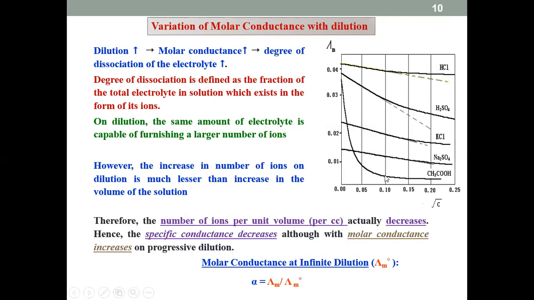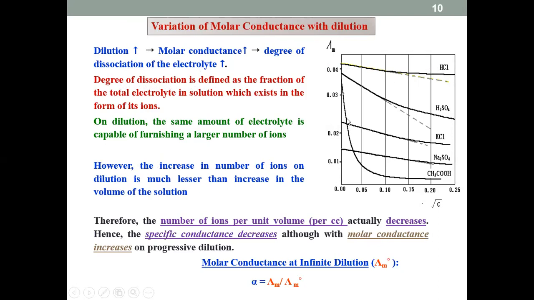There is a slight change in conductance as the concentration is decreased. Basically dilution is happening, you are diluting an acetic acid solution, and at very dilute solutions the molar conductance increases very rapidly. So what happens there? Since the conductance is increasing, this means the number of ions is increasing.